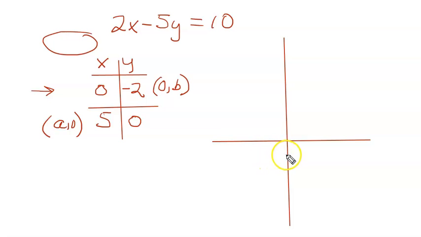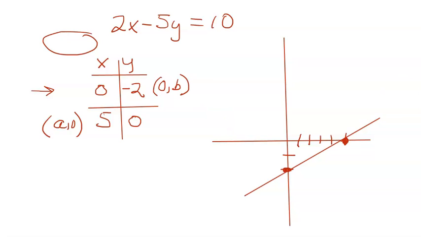So if we plot these on our sketch here, this is where 0, -2 is, and then this one, 1, 2, 3, 4, 5, and then use the line tool that just makes your graph. So there's your x-intercept and there's your y-intercept, and we have sketched this.